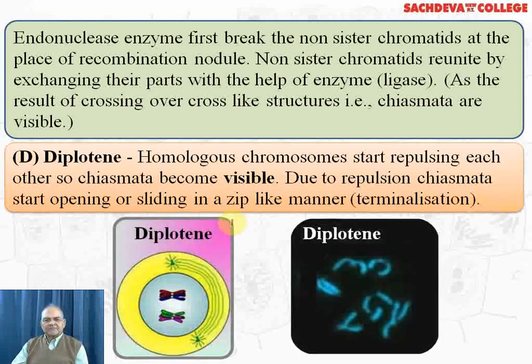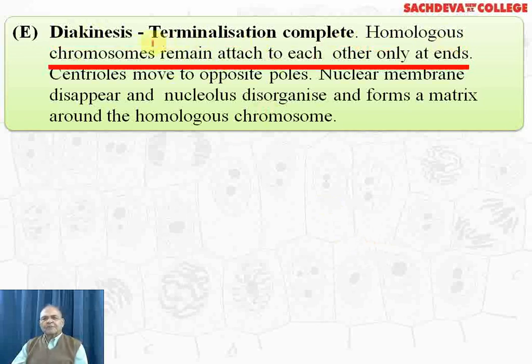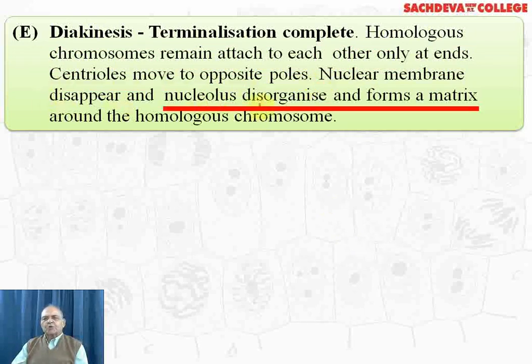diakinesis. Here you can see the diplotene, and you can observe various shapes, loop, X-shaped, etc. In diakinesis, terminalization is complete. Homologous chromosomes remain attached to each other only at the ends. Centrioles move to opposite poles, the nuclear membrane disappears, and the nucleolus disorganizes and forms a matrix around the homologous chromosomes.